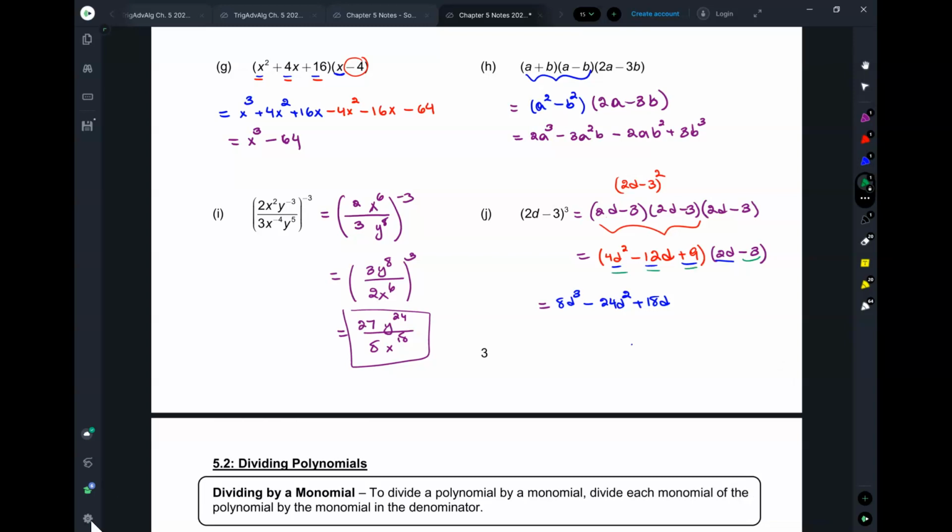Negative 12d squared plus 36d minus 27. So that's 8d cubed minus 36d squared plus, how much is that? 54d minus 27.